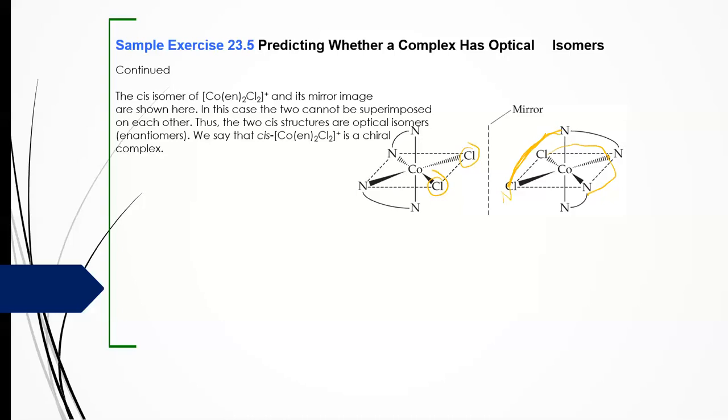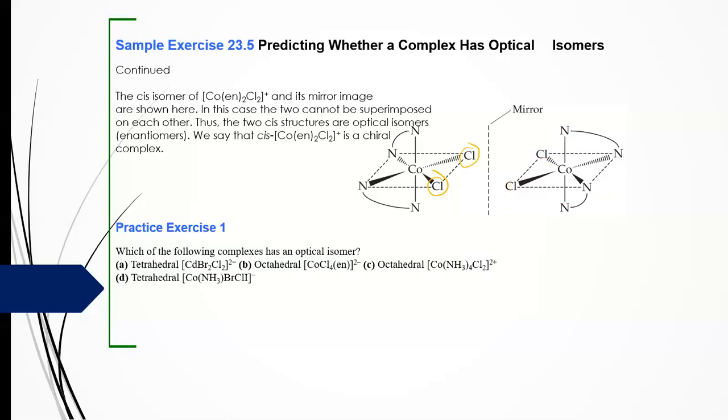Let me erase these other ones. And the back nitrogen is going to be going down here on this side when we rotate it twice. That doesn't look like the one that we started off with. And therefore, it is going to be optically active because it's not going to be superimposable. You can try this with these other ones as well.